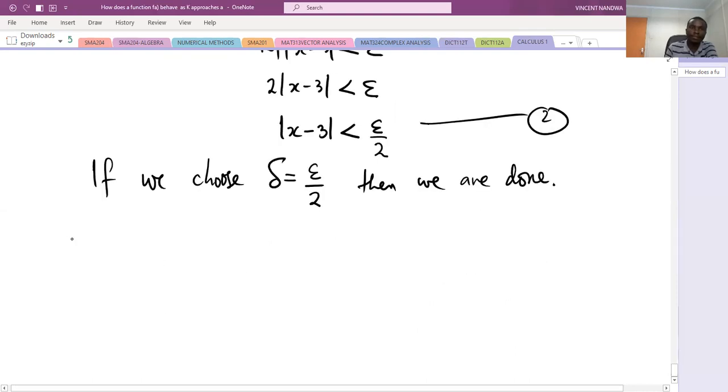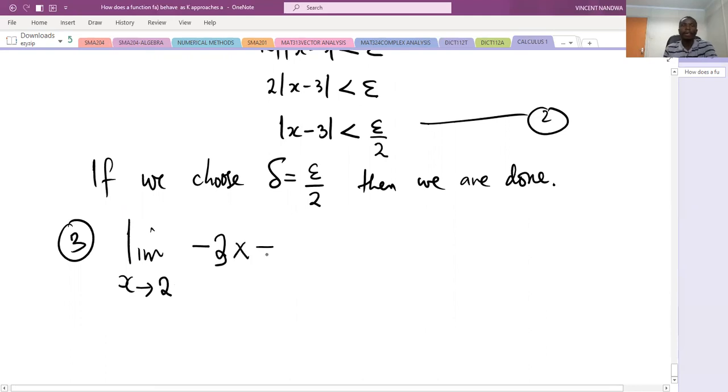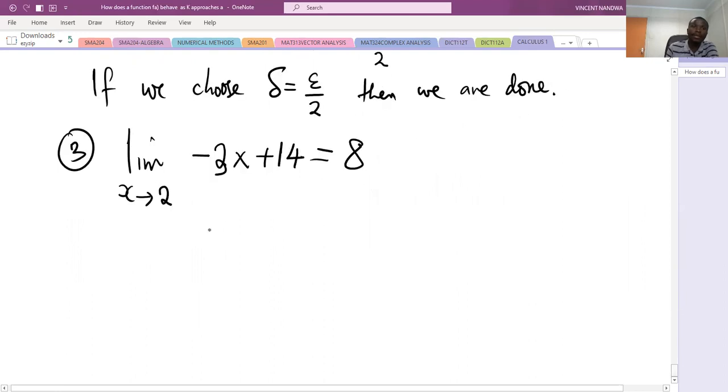And then number 3, limit as x approaches 2 of minus 3x plus 14 equals 8. So proof of this: let epsilon greater than 0 be given or chosen.